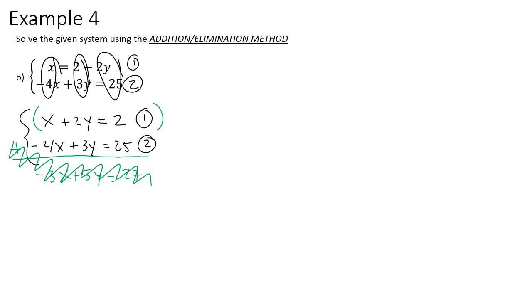So what we're going to do is multiply the first equation by a positive 4, because when I do that, this is what I would get. So now I'm going to have yet another system of linear equations that I'm rewriting. So that if I multiply the first equation by 4, I get that. That is my new number 1.